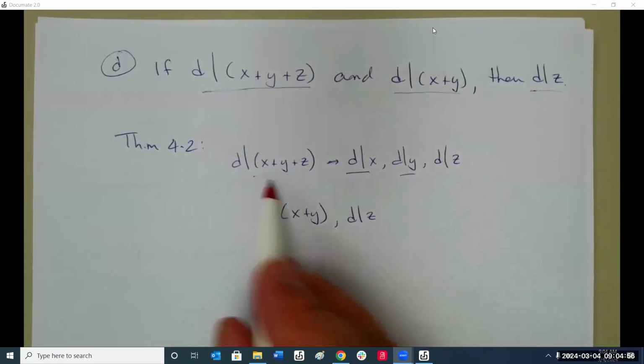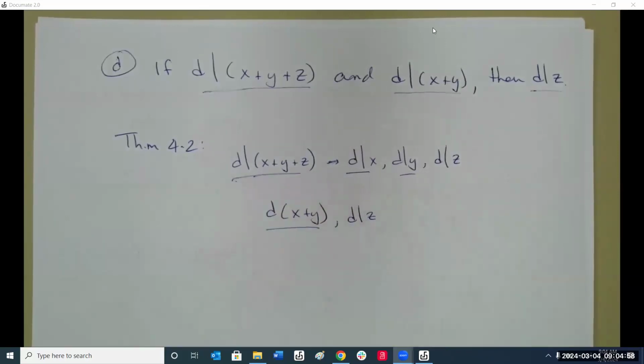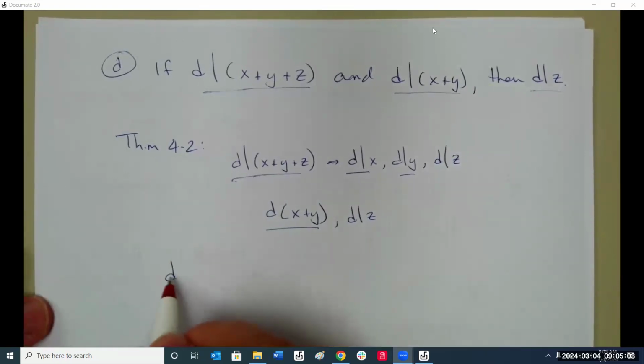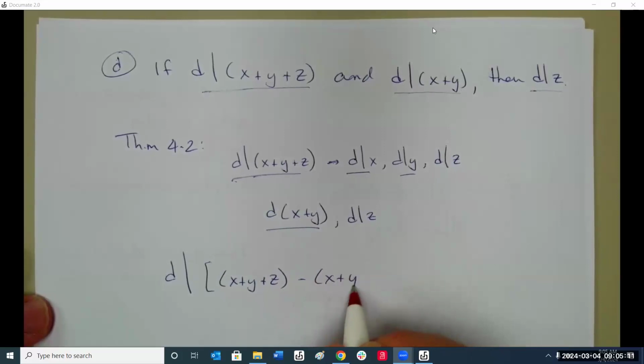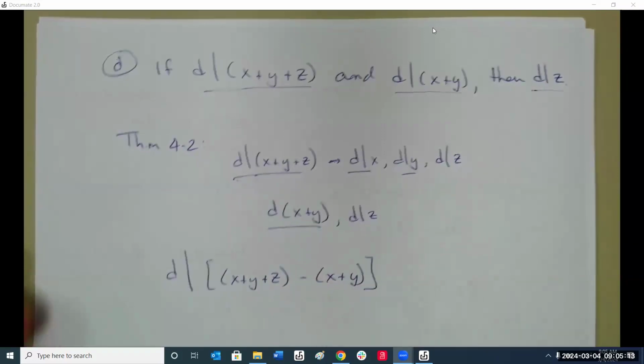So now we can look at this and this. Since they're both divisors, then we know that has to be true.